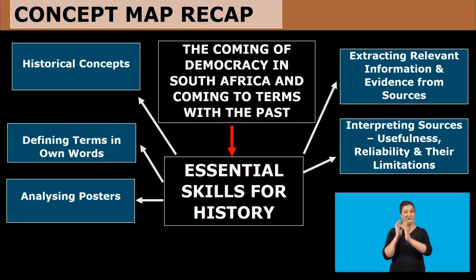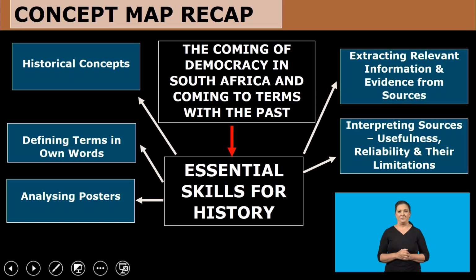We also looked at different skills that are very important in history, like historical concepts, defining terms and concepts in your own words, how to analyze posters, how to extract relevant information and evidence from the sources, and how to interpret sources looking at their usefulness, reliability, and their limitations.